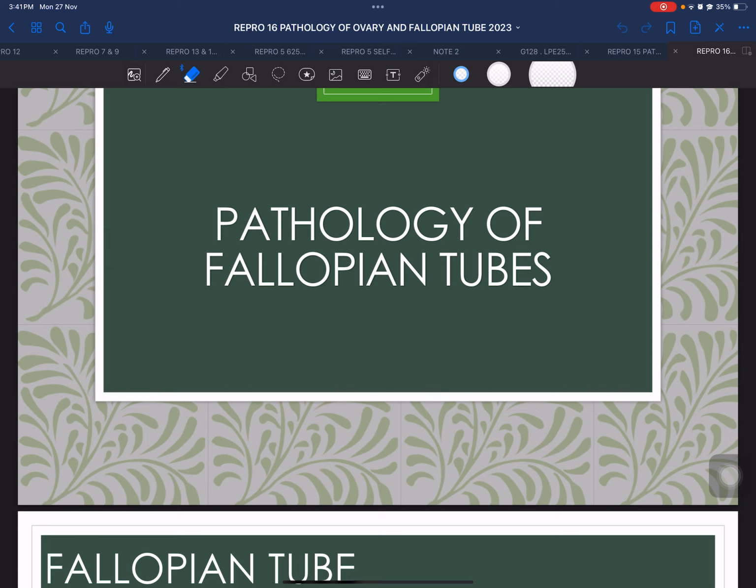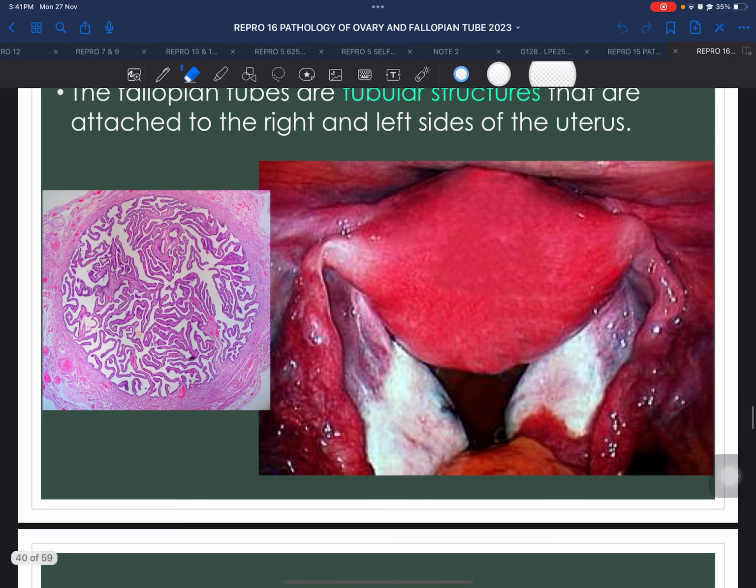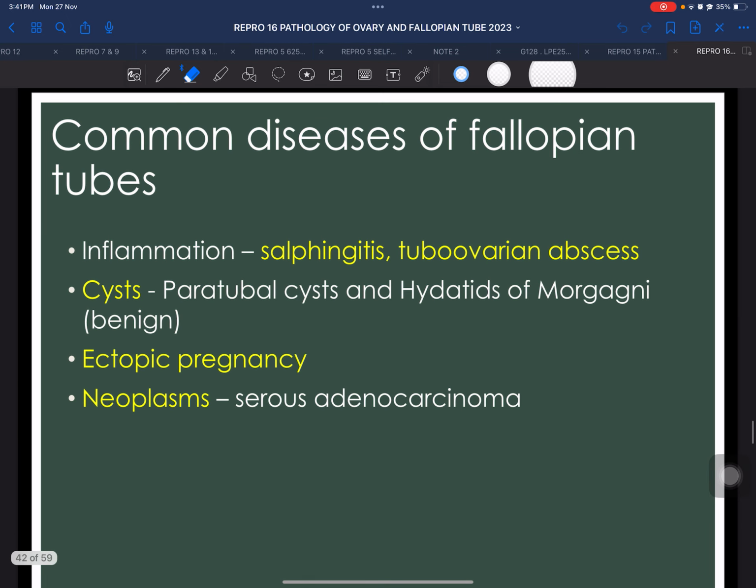So you can get salpingitis, or you can get tubo-ovarian abscess. Cysts are usually due to developmental cysts. Okay, not that common. Ectopic pregnancy is another thing that is also common, and endometriosis.